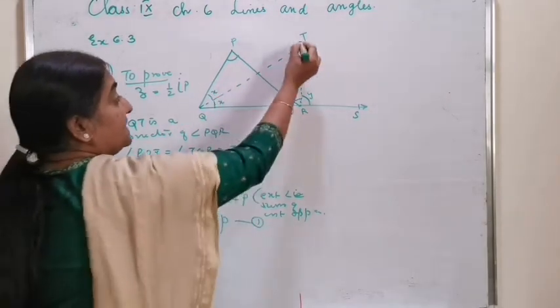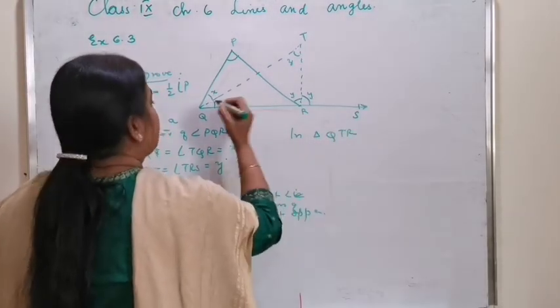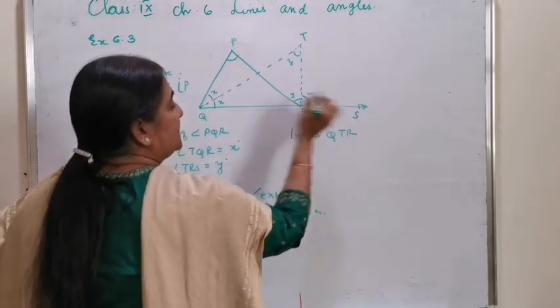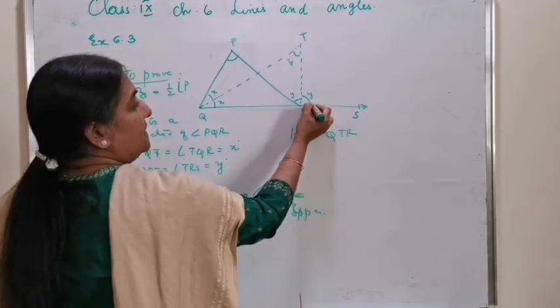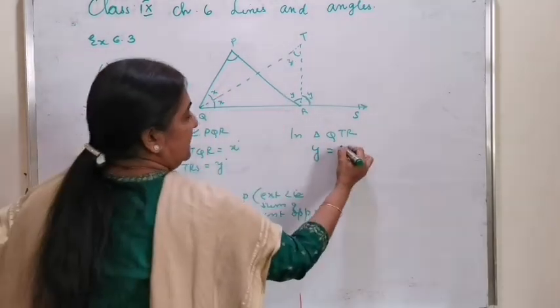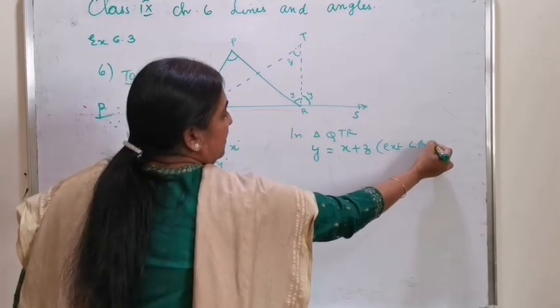Now, you can see the dotted triangle QTR. In triangle QTR, the side QR is extended and this is the exterior angle there. Y is equal to X plus Z, by the exterior angle property or theorem.